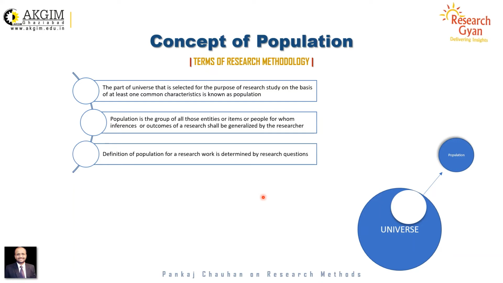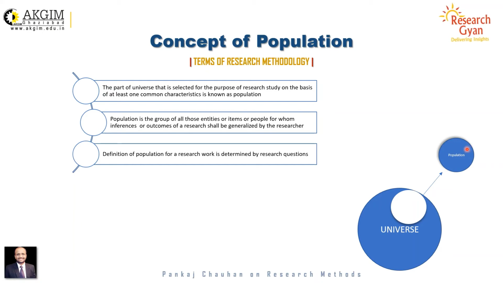When we think to whom my research results will be applicable or can be generalized, then whatever comes to your mind would be the population. So in this manner, population is the part of universe which is selected for the purpose of research.